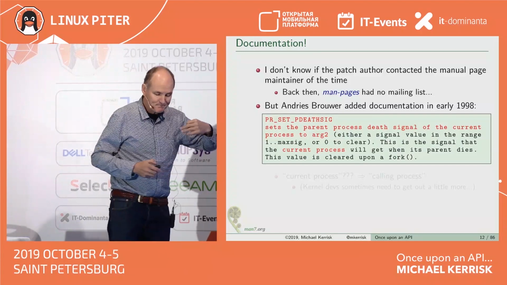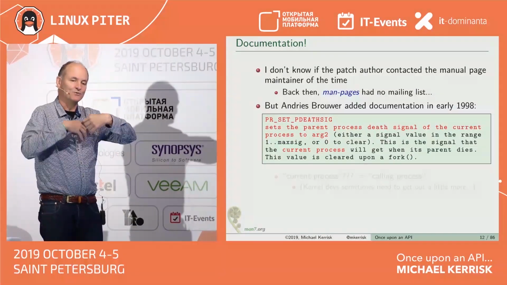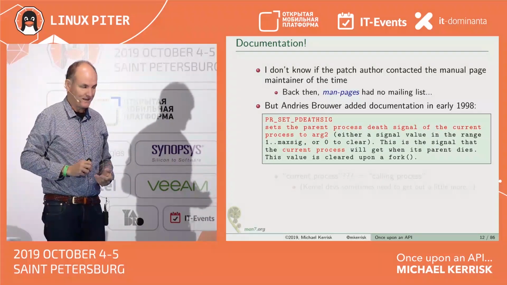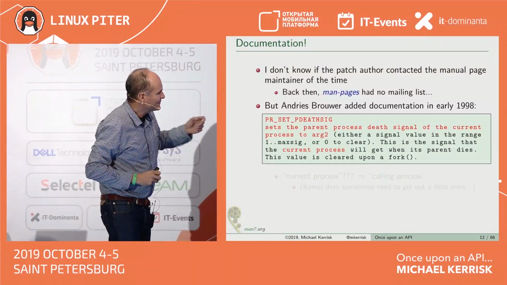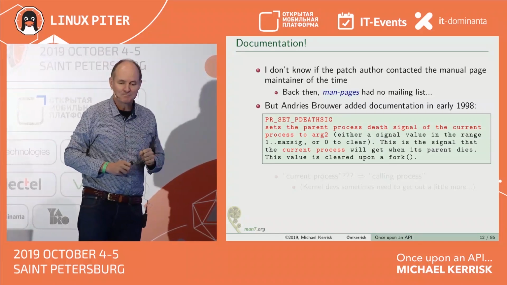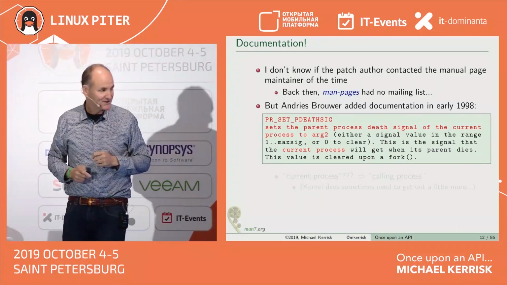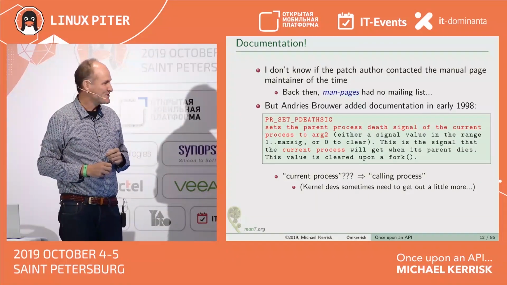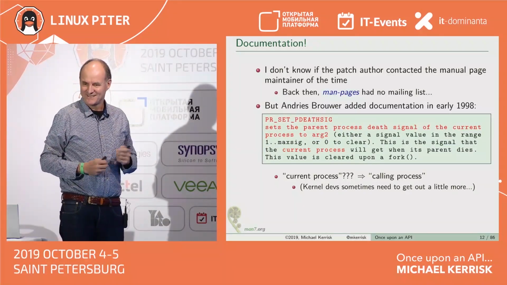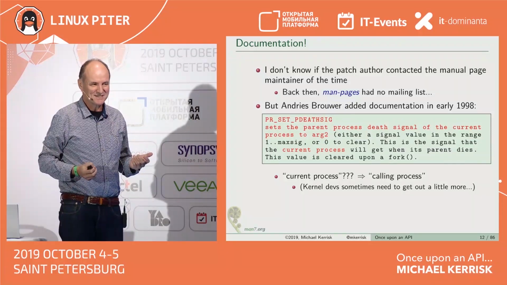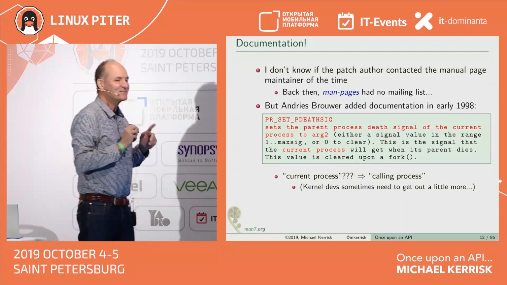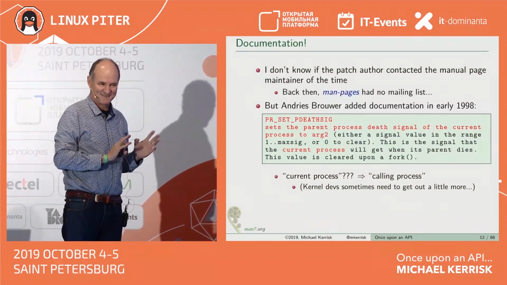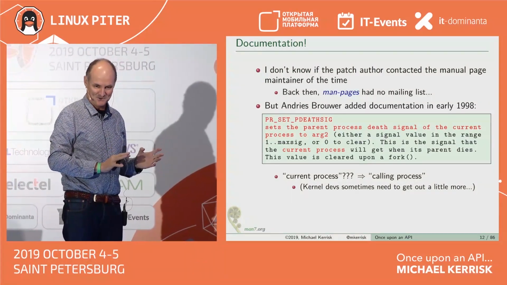With PR_SET_PDEATHSIG, you say what signal you want the kernel to send you when your parent terminates. This is the signal that the current process will get when its parent dies. If you're a kernel developer, you know what current process is. If you're a user space programmer, current process is a meaningless term. They meant calling process. Kernel developers sometimes need to get out a bit more.